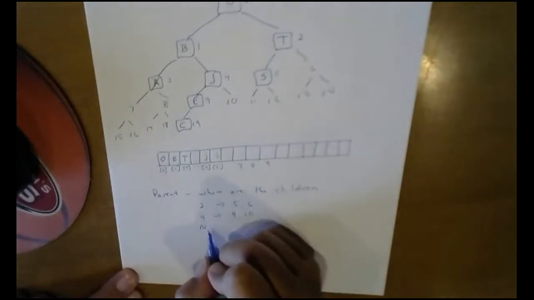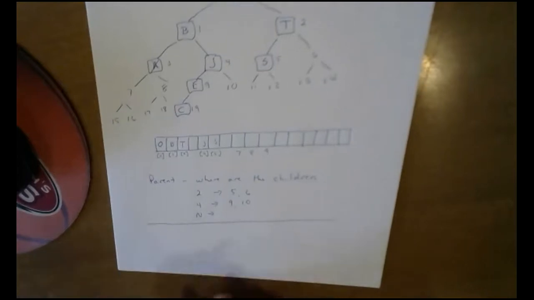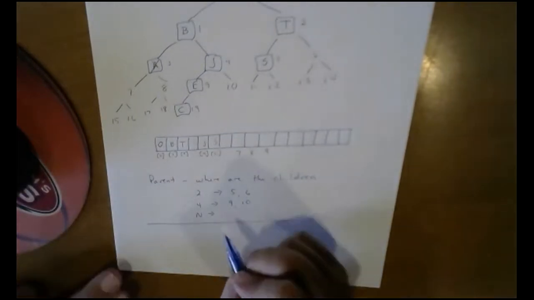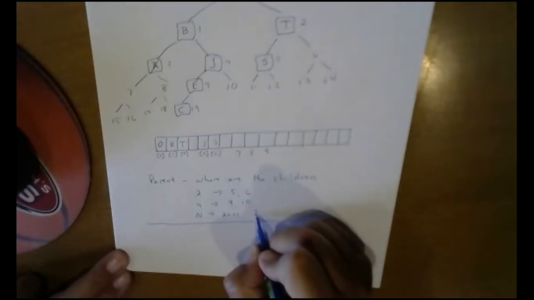If I had a parent n, where would its children be? 2n plus 1 and 2n plus 2. Everybody like that? 2n plus 1 and 2n plus 2. Looks good to me.